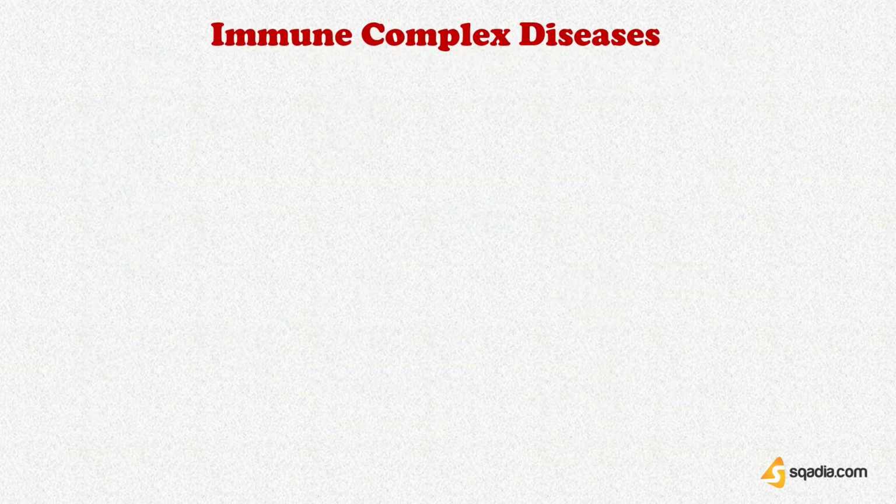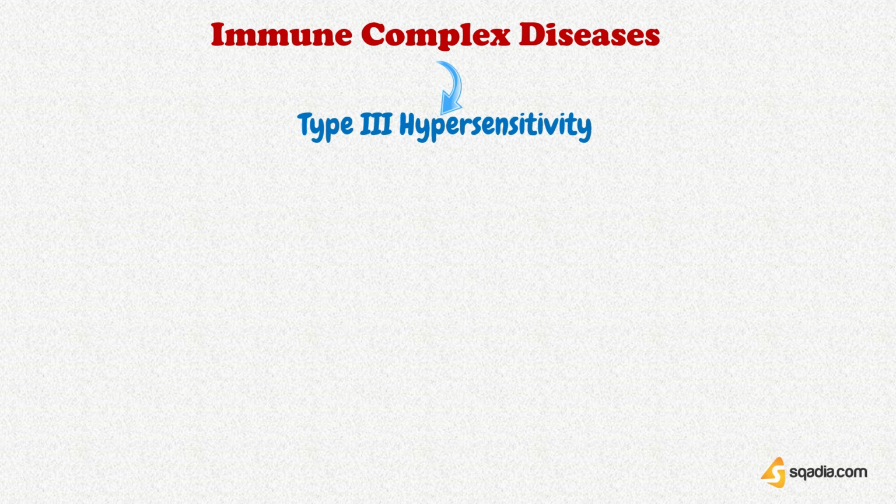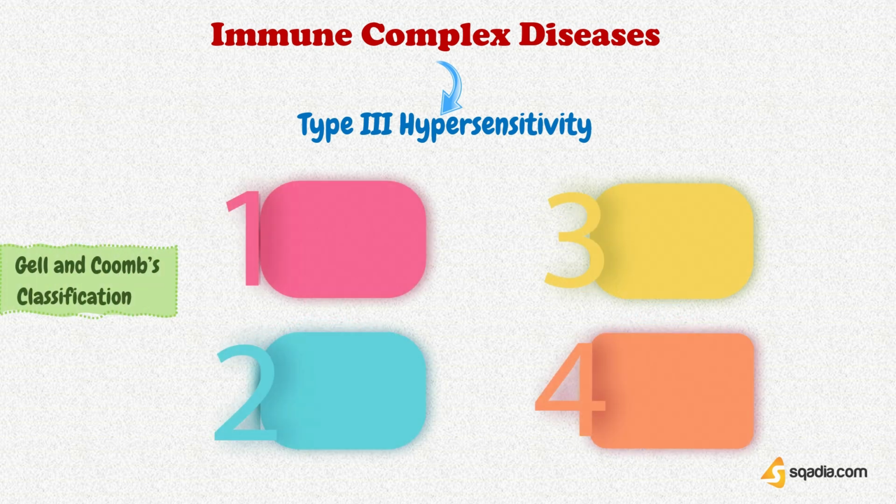Immune complex diseases are the third form of hypersensitivity in the Gell and Coombs classification, called Type III Hypersensitivity. Well, hypersensitivity is an exaggerated or inappropriate immunologic response occurring in response to an antigen or allergen.